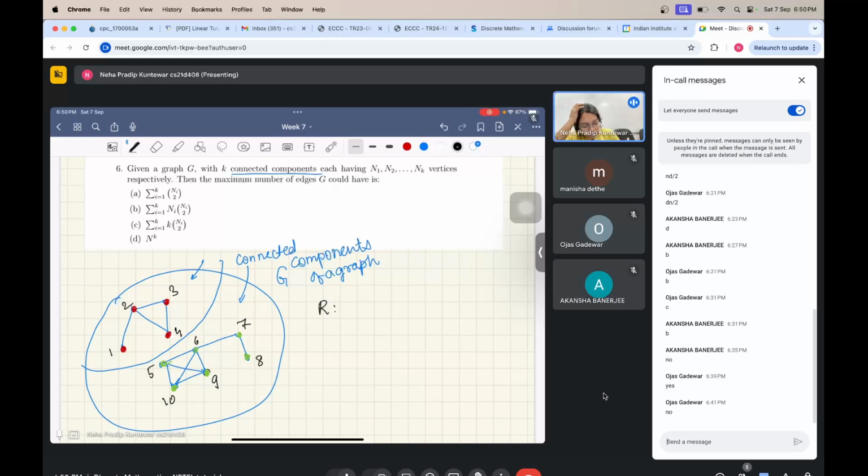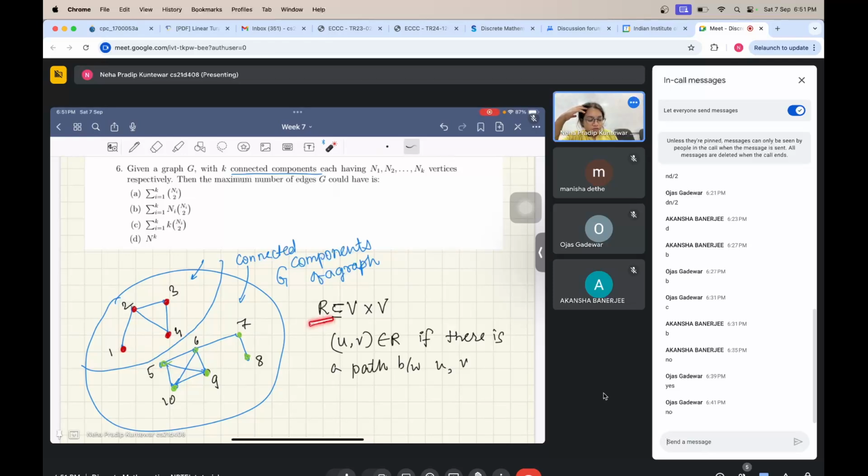You define R as a relation on V cross V, and say u and v are related if there is a path between u and v. Is the relation clear? For example, in this case 1 and 2 are related because there is a path, but 1 and 5 are not related because there is no path.